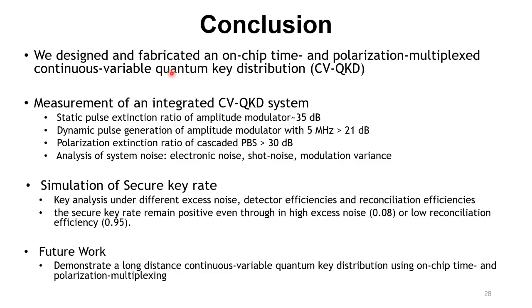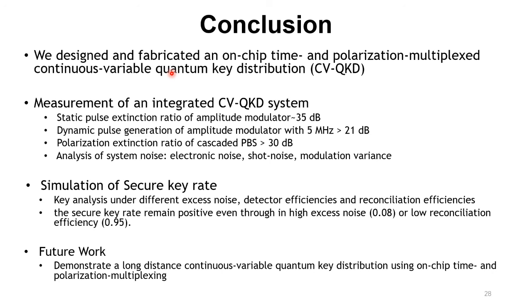To sum up, we designed and fabricated an on-chip time and polarization-multiplexed combined continuous variable quantum key distribution. The performance of such an on-chip CV-QKD system is tested. The amplitude modulator for pulse generation performs well.